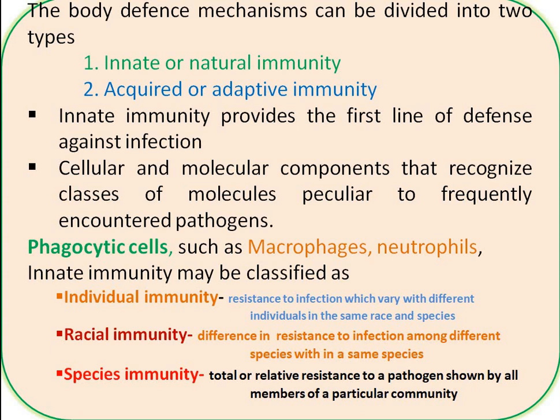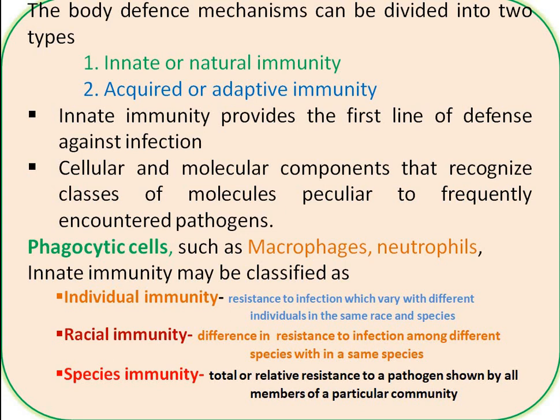Innate immunity provides the first line of defense against infection, through cellular and molecular components that recognize the class of molecules peculiar to frequently encountered pathogens, and phagocytic cells such as macrophages, neutrophils, etc.